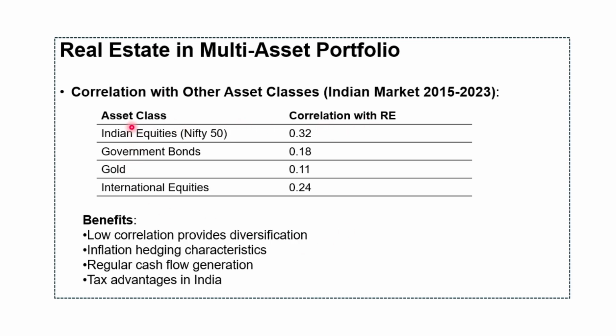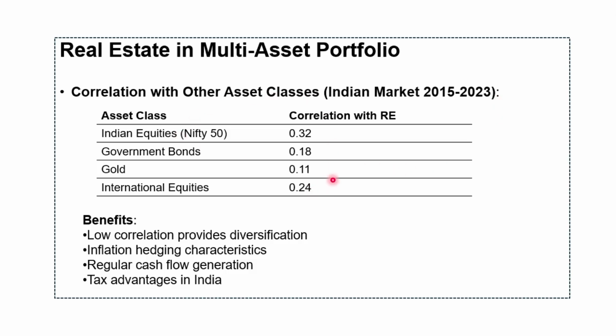For example, here we can see these asset classes' correlation with real estate. Now this may not be exactly this in a particular city, but this is the overall Indian trend we have observed, from 2015 to 2023.